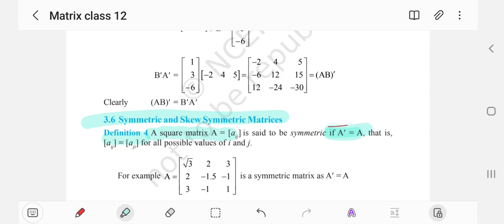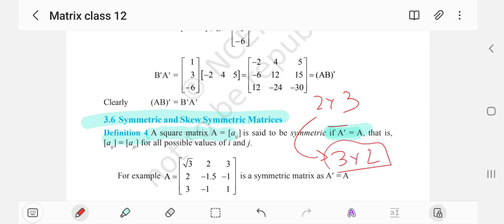If I have a rectangle of length 2 meter and breadth 3 meter, and I transpose it, if I rotate it, then what will be my resultant? It will be 3 by 2. Similarly, in matrices, if I have a matrix of order 2 by 3, then the order of my transpose matrix will be 3 by 2.